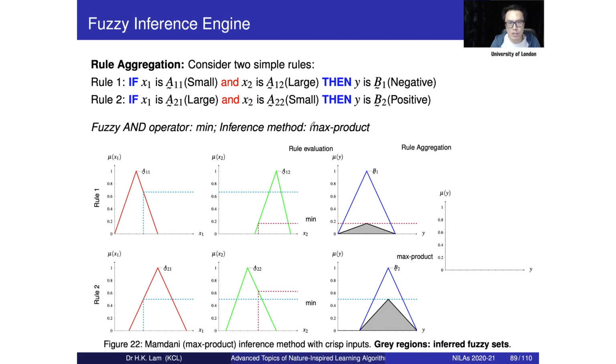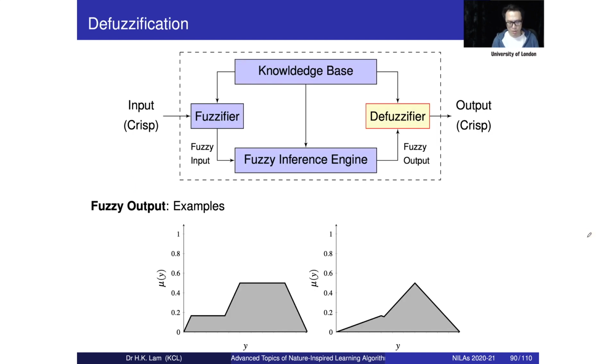Now the max, that is when we put these two gray triangles together, and then just take the maximum value of the aggregated fuzzy output. So that's why we obtain this as the fuzzy output membership function.